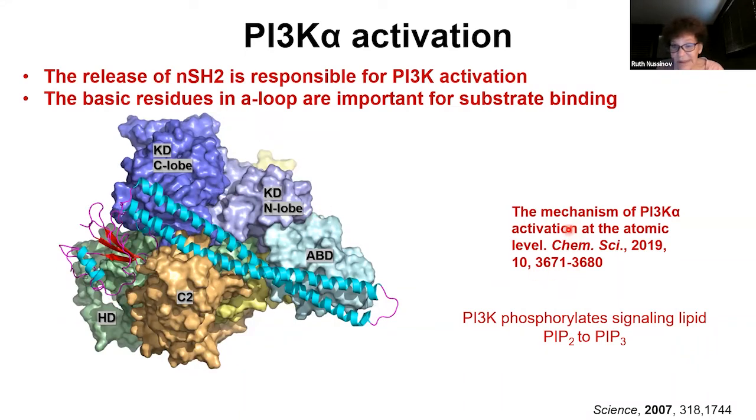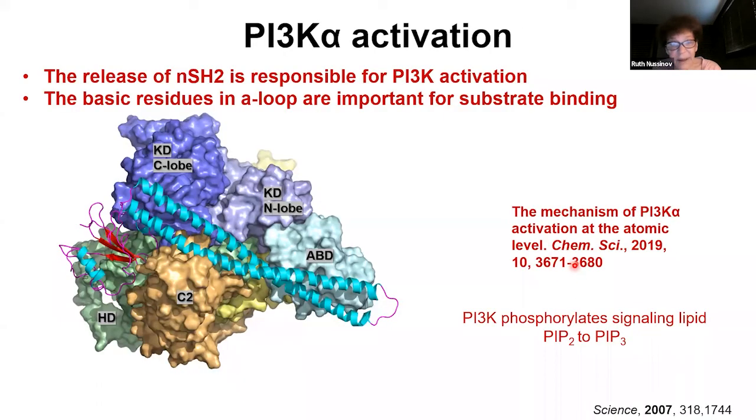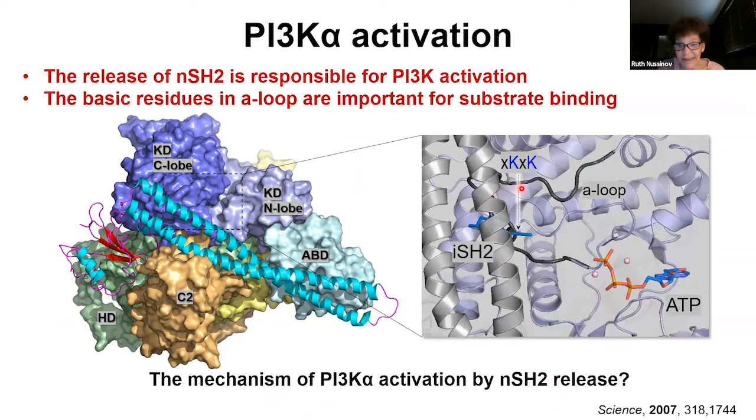And we are interested in the mechanism of the PI3K activation by the nSH2 release. And here we see the details. Here is the ATP. This is the activation loop in gray or in black. This is the iSH2. We see the long gray helices and the basic patch.